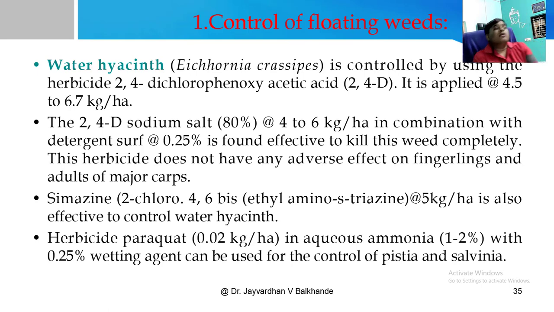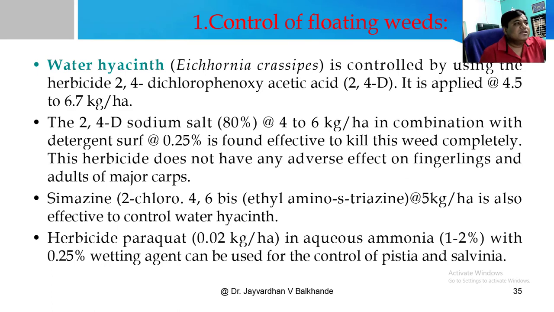Okay, and now the control of floating weeds. Which type of chemicals can we use to control these floating weeds? For water hyacinth, Ipomoea crassicaulis is controlled by using the herbicide 2,4-D. 2,4-dichlorophenoxy acetic acid is commonly called 2,4-D, and it is applied at the rate of 4.5 to 6.7 kg per hectare.